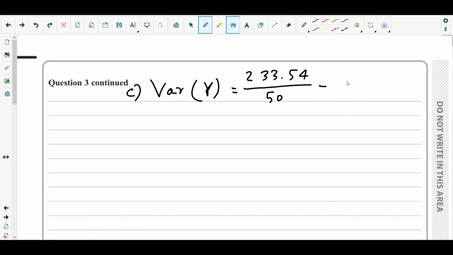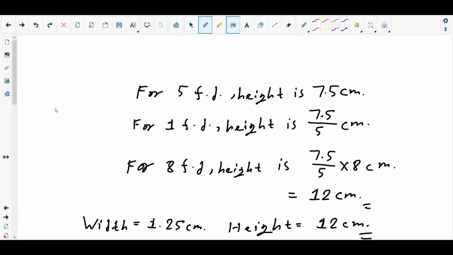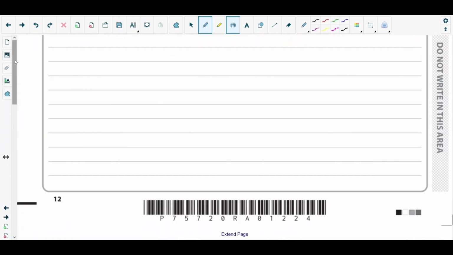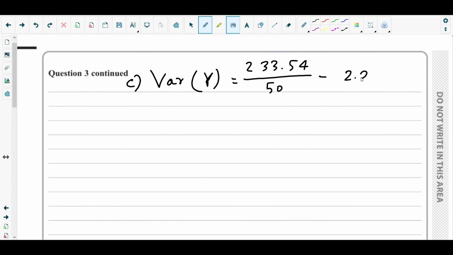The mean we got was 104 over 50, that's 2.08, so minus 2.08 squared. Let's find it out. 233.54 over 50 is basically 4.6708, minus 2.08 squared. It will give you 0.3444. This is the variance of y.